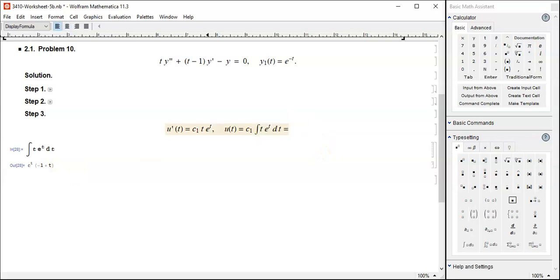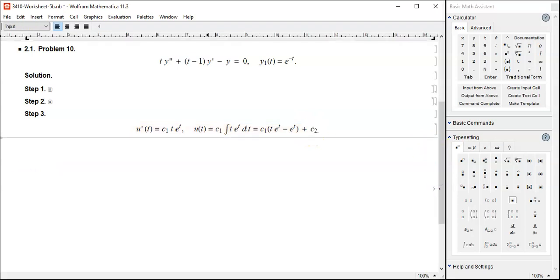So this can be done through, and then the answer is t e to the t power minus e to the t power. That's the antiderivative, and plus c2. So c1 was there before, the integral constant from previous computation, and then this is the antiderivative, and then we have another one coming. So that's my u.